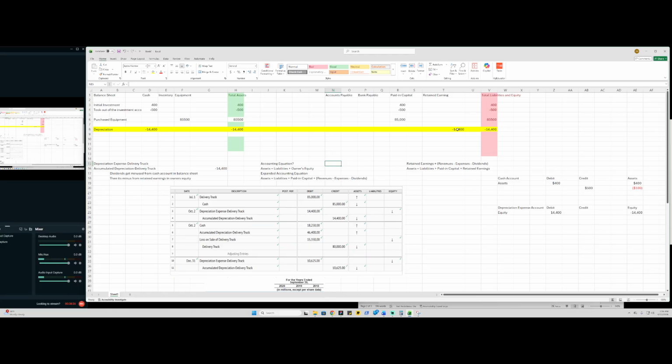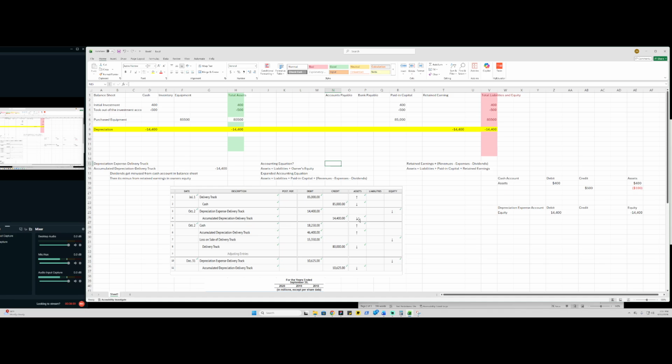You can just credit that, because if you debit equities, then it goes down, and if you credit assets, then it goes down. But when you purchase the asset, you have it in the asset column and you increase that with a debit. Does that make any sense? That's mainly journal entries.